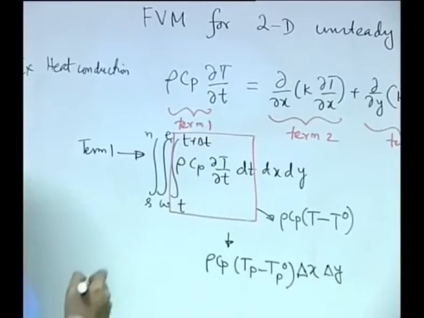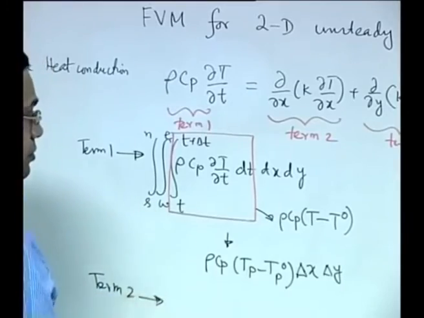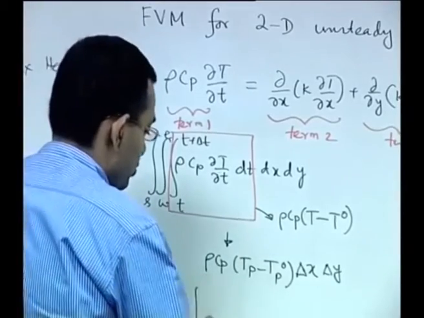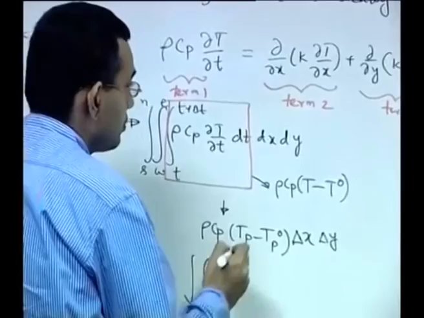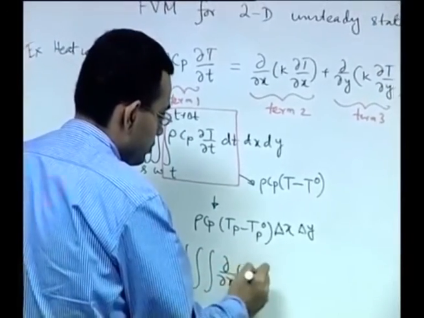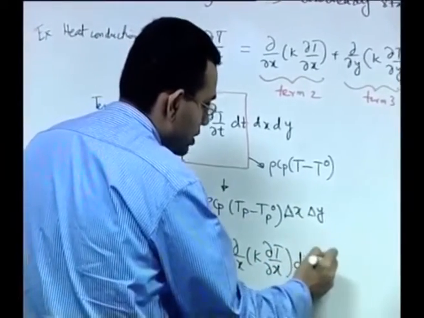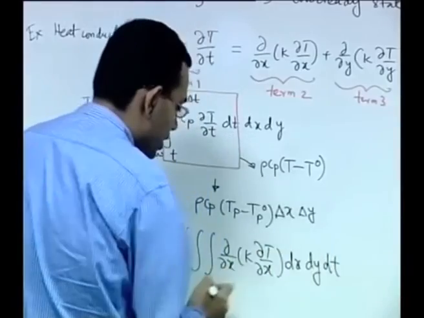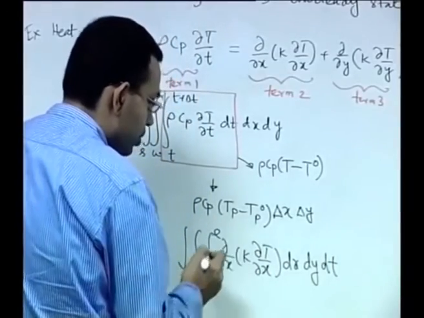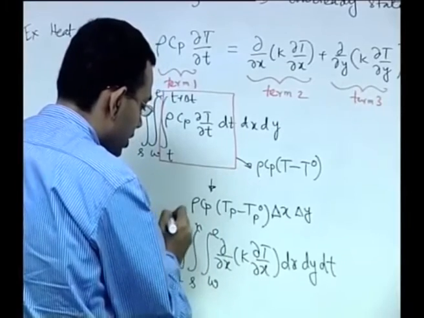Let us consider term 2. So integral dx dy dt, x from small w to small e, y from small s to small n, time from t to t plus delta t.